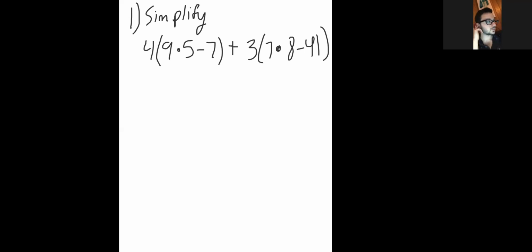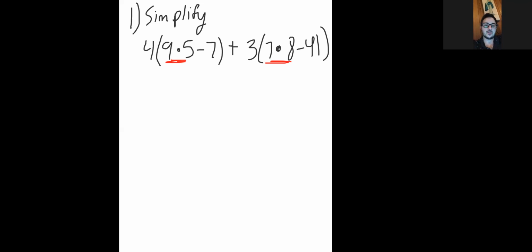Alrighty. Good. So inside these parentheses, the first thing we're going to want to do, and I'm going to go ahead and underline the steps in red. That way you can see what we're doing as we're doing it. So we're first going to do the 9 times 5 and the 7 times 8, because inside the parentheses, those are the first operations you want to do.